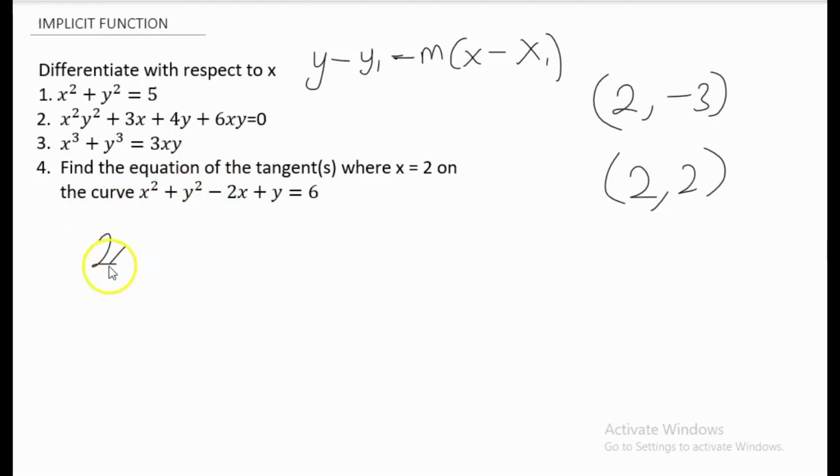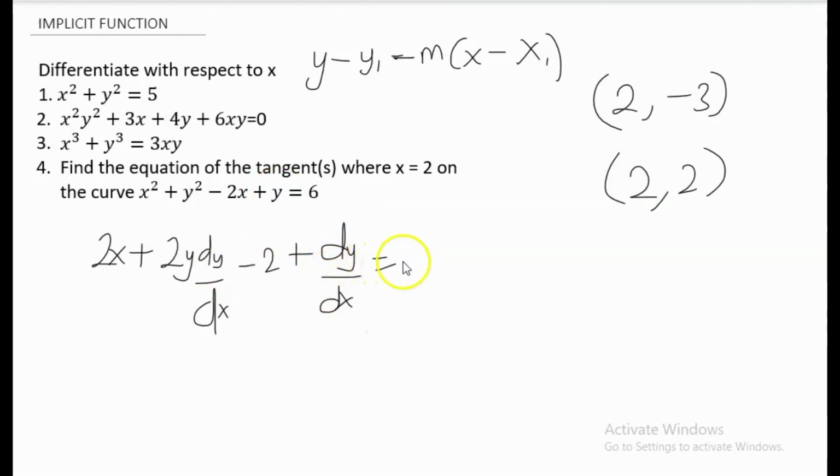So this will be 2x plus 2y, but because it's y, we add our dy dx. Then for this we differentiate normally, that's minus 2. Then the derivative of y would be 1, so instead of writing 1 dy dx, you just write dy dx, equal to the derivative of 6, which is 0.